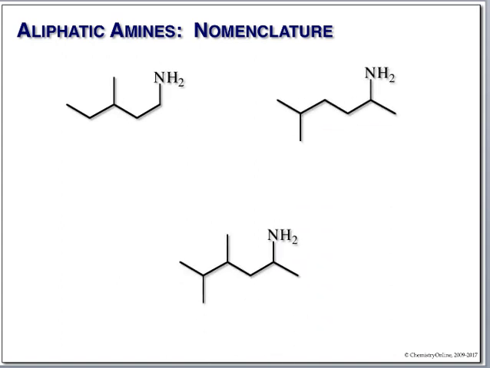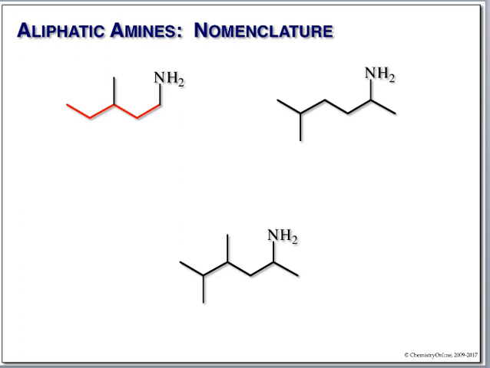Here we have three very simple aliphatic amines. These are all primary amines. As we look at this, if we try to find our longest chain containing the amino group, it's going to be this guy, 1, 2, 3, 4, 5, so it's a pent. We want to give the nitrogen the lowest number at the first point of difference.